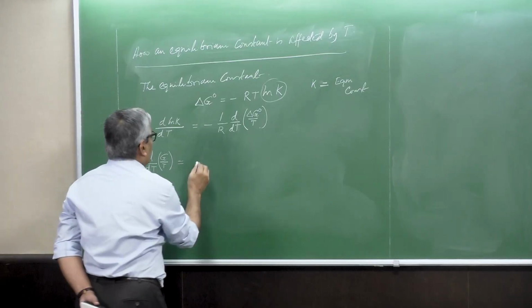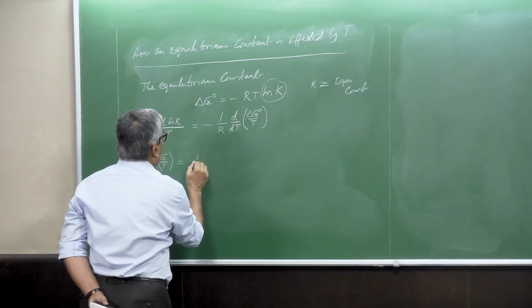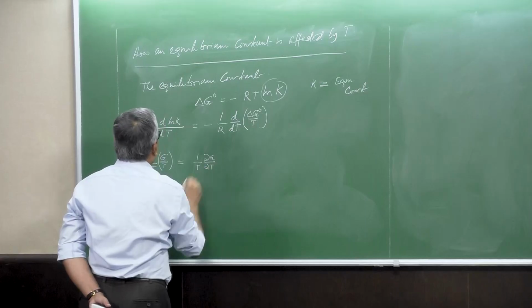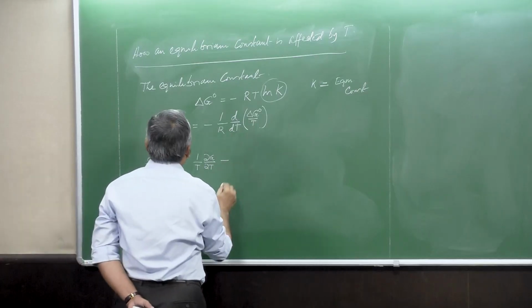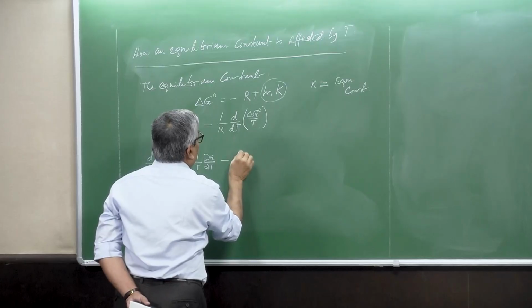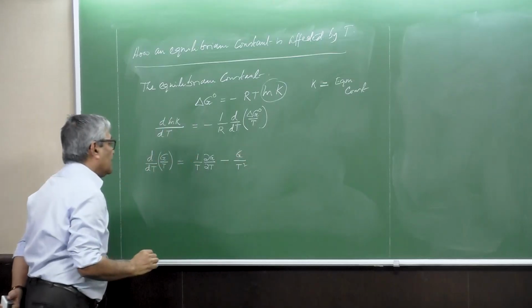Then I can write del is 1 by T del G del T minus 1 by T square, that is G by T square.